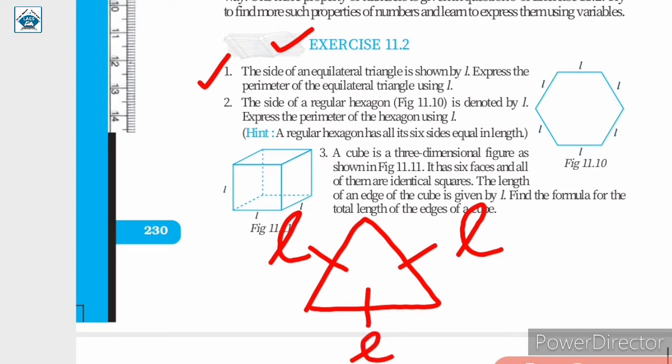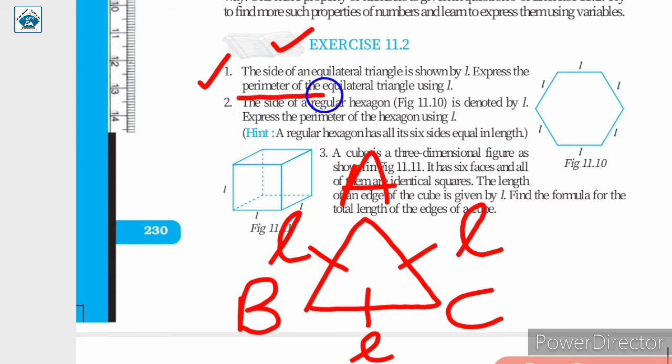So here we have an equilateral triangle. Let us name it ABC. So triangle ABC is an equilateral triangle. So we need to express the perimeter of the equilateral triangle using L. So what we are going to do is simply we are going to add all the three sides, that is AB plus BC plus AC.